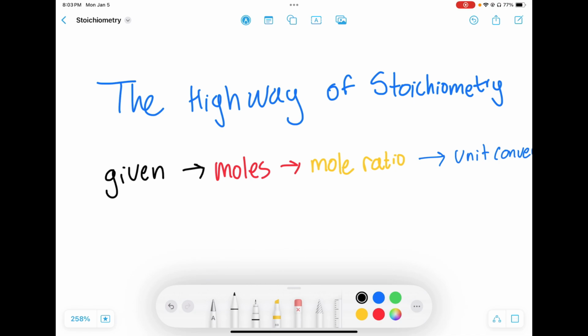The first step is to convert it to moles. And then you want to apply any mole ratio from the reactants to the products, or even between the reactants, or even vice versa, with the products and the reactants, if you want to see how much of a reactant you need to make a certain amount of product.